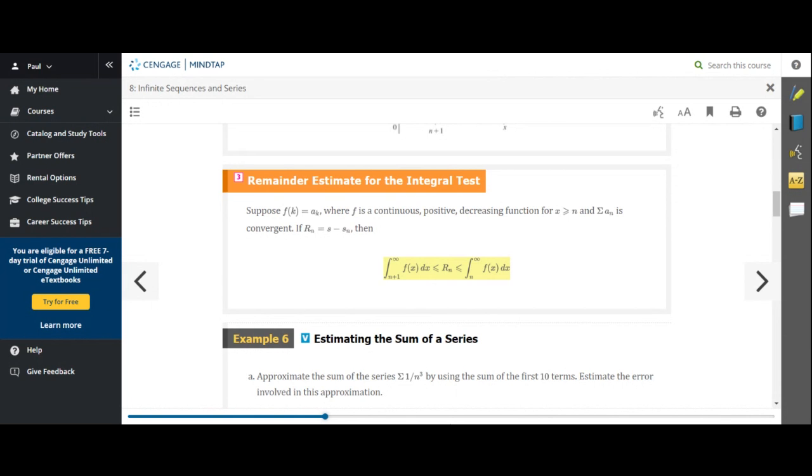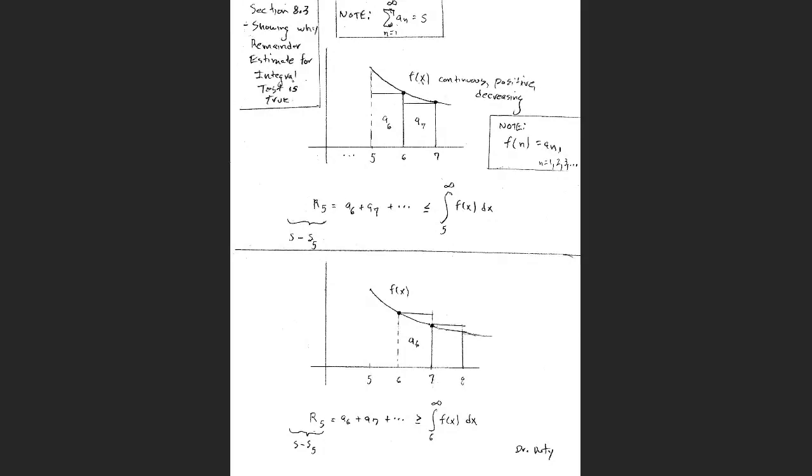We're going to apply this, but let me just show you how they get this. I'm going to have you copy the sample down, but I don't want you to copy what I'm showing you here. I just want to talk about it and then get to the example.